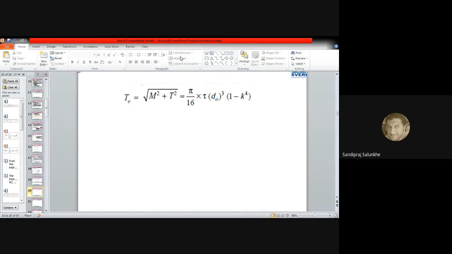So I will mention here, where DO is the outer diameter of the shaft, and DI is the inner diameter of the shaft.